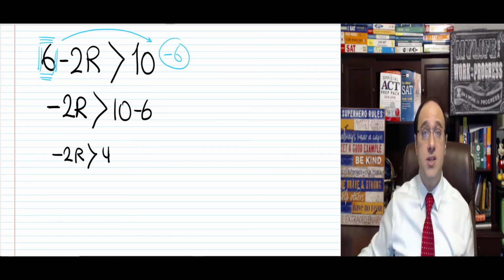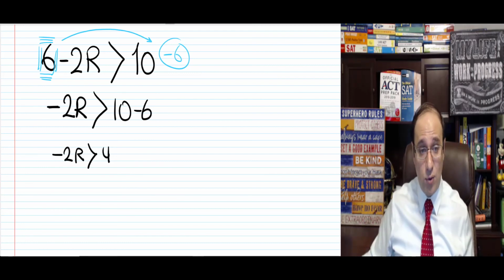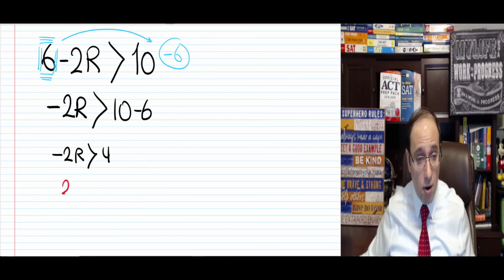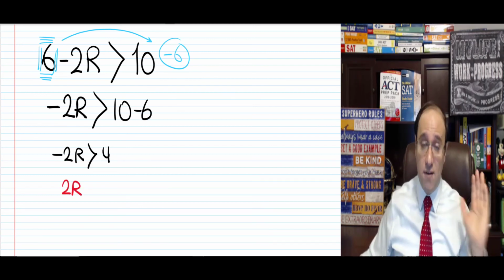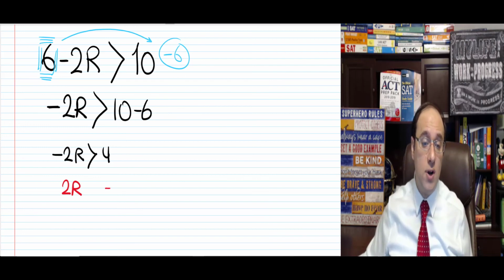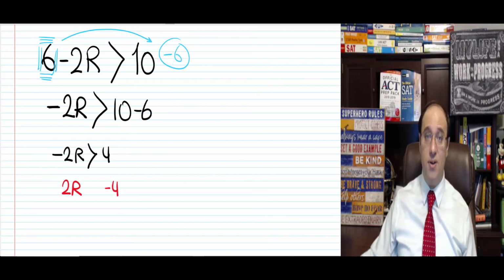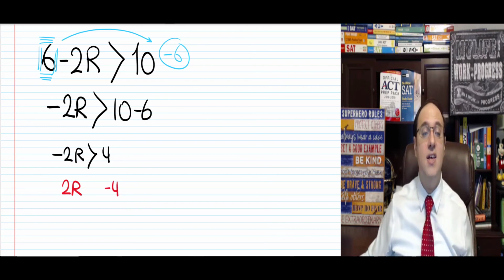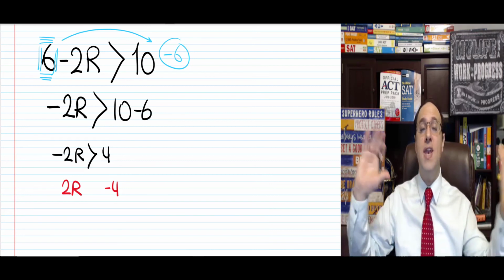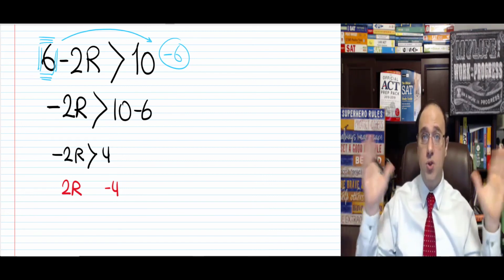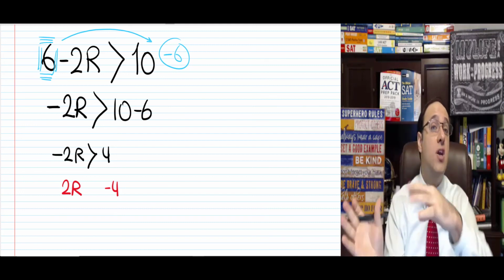Here's what I do. I simply say, I want to get rid of the negative right here. So I just want it to be positive 2r. If I do this, I need to change the 4 into negative 4. But don't forget, since I switched the negative signs on both sides, again, I didn't move any numbers here.